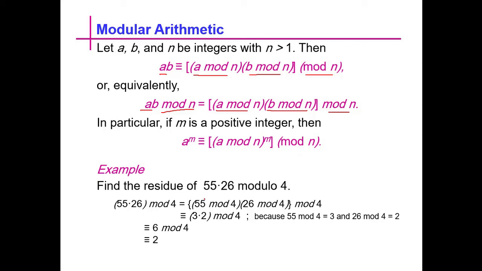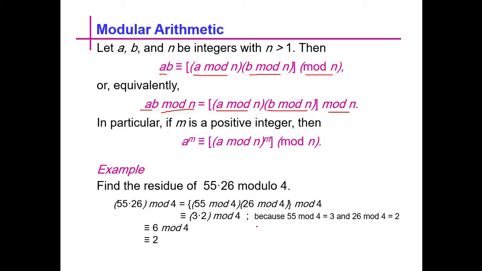Find the residue of 55 times 26 modulo 4, and what is meant by the residue is basically the remainder. So we see here that when we multiply 55 and 26 and take the mod with 4, we get (55 mod 4 times 26 mod 4) mod 4.